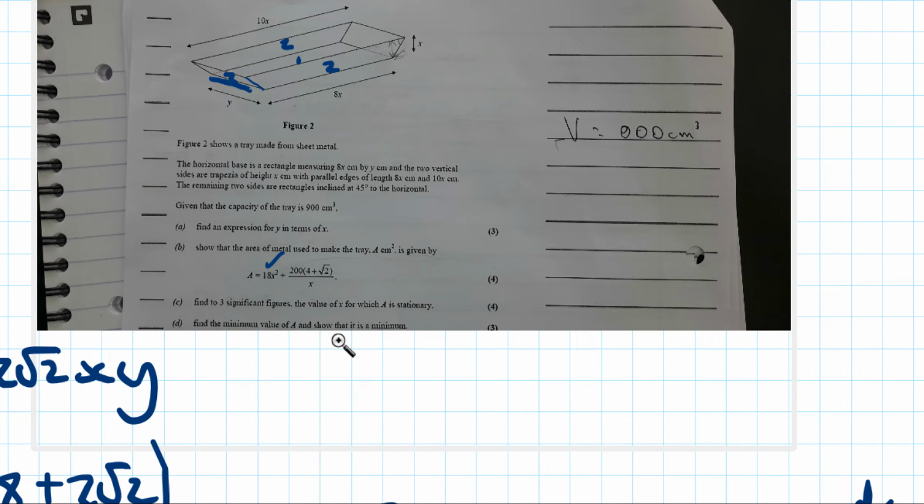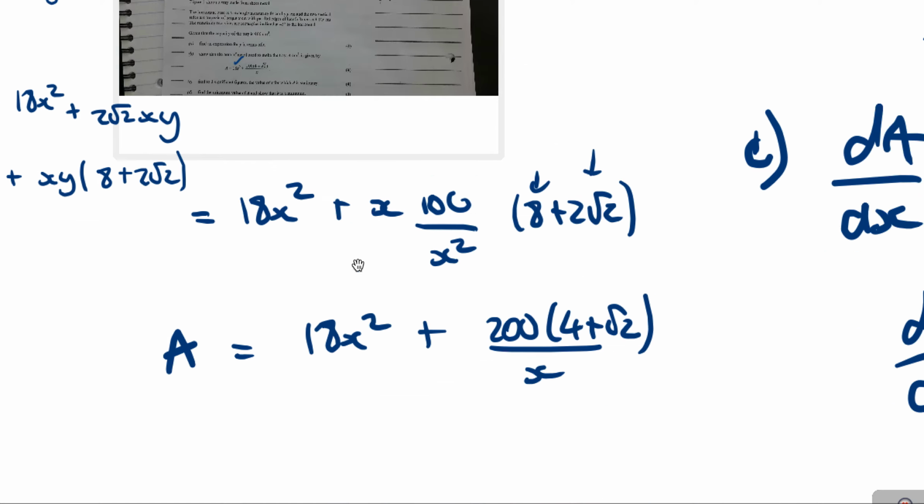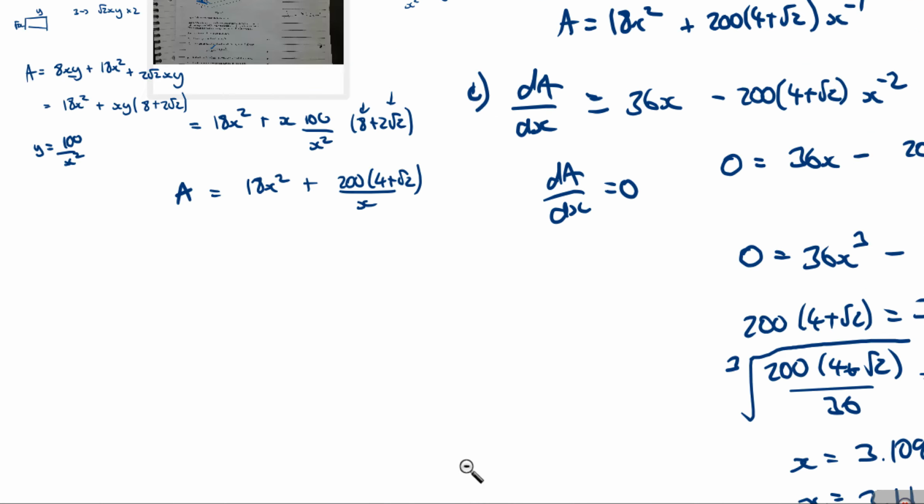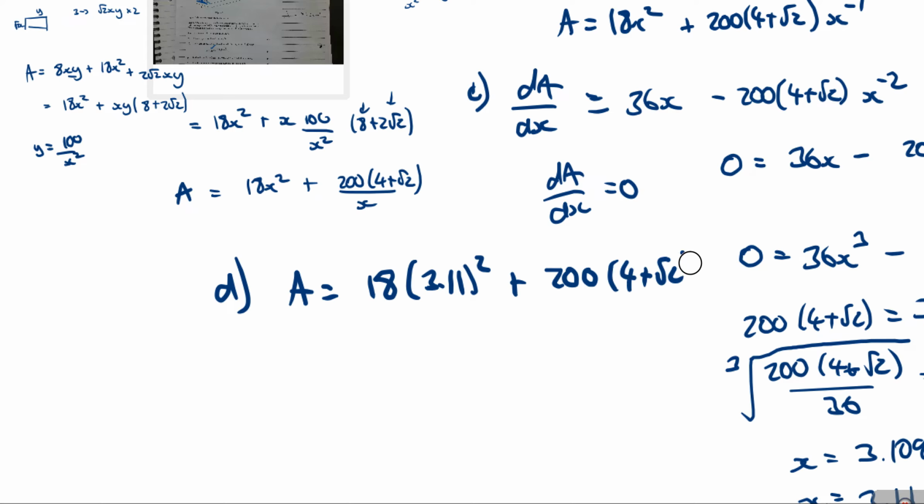And then the next part is: find the minimum value of A and show that it is a minimum. For part D, we just plug x back into A to find our minimum area. So 18 × 3.11² plus 200(4 + √2) over 3.11.